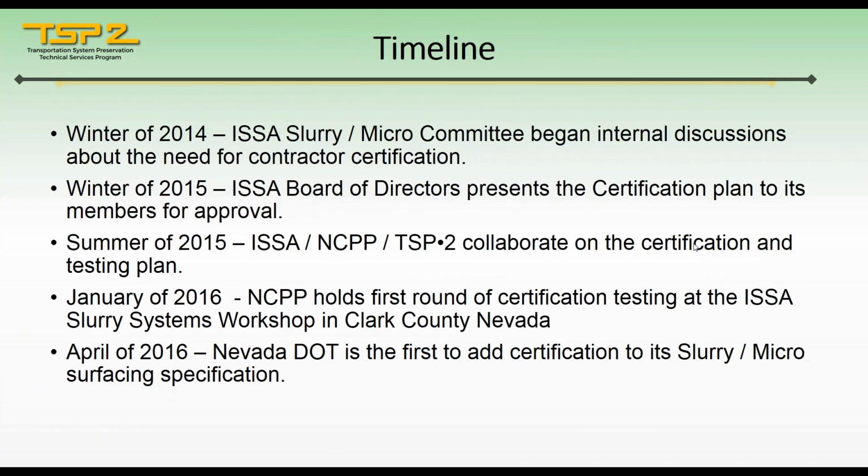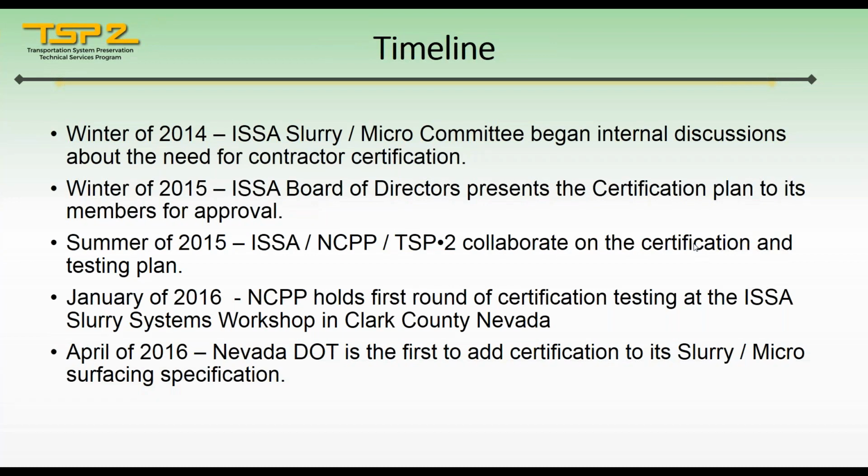There we go. Really quick on the timeline, just so you understand that this has been a long-term process. We started this in 2014 with a slurry and micro committee. We started seeing that we needed something to get quality jump-started in the industry.